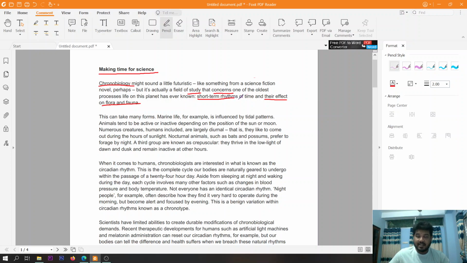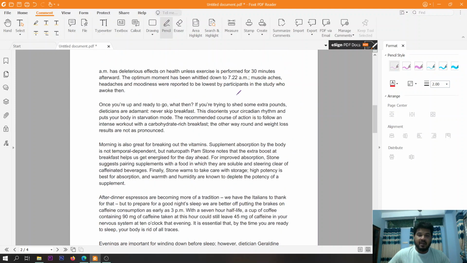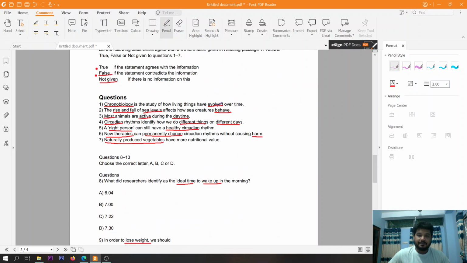Now, the question informed us that chronobiology is about the long-term effects of evolution, but here we see it is short-term, not long-term. So that is a clear point of contention here. As the question says, it evolved over time.